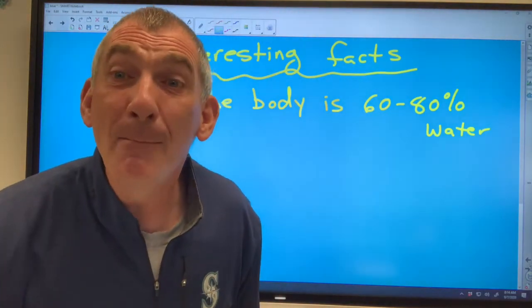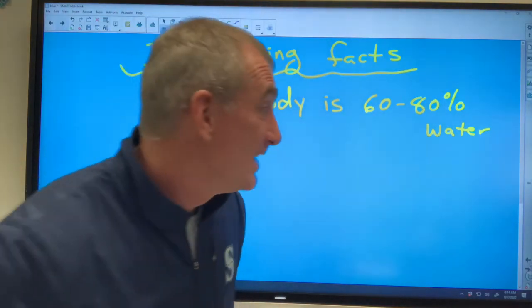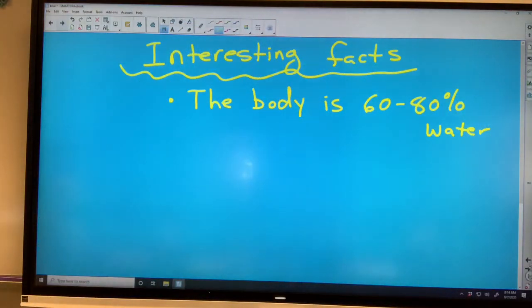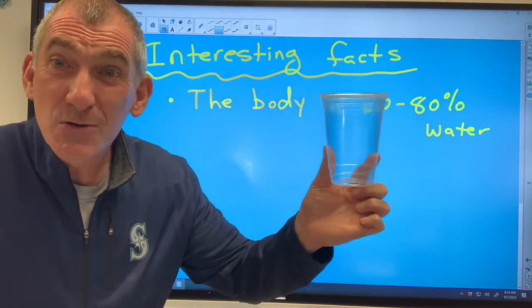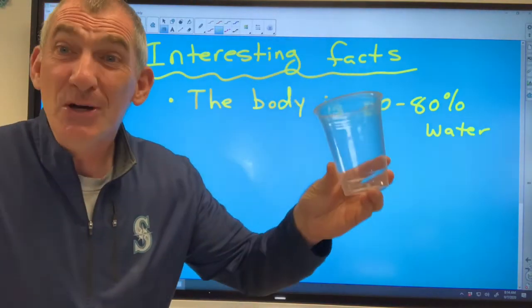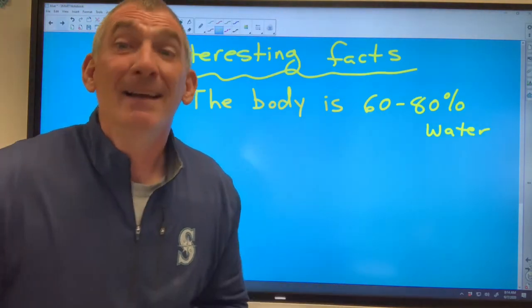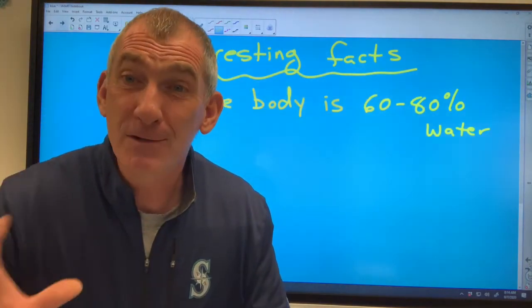You know how much water you're supposed to drink in one day. Yes, you're supposed to drink 64 ounces. 64 ounces is 4 of these huge glasses right there. Do you drink 64 ounces of water every day? Yes, you do, because your body tells you to.